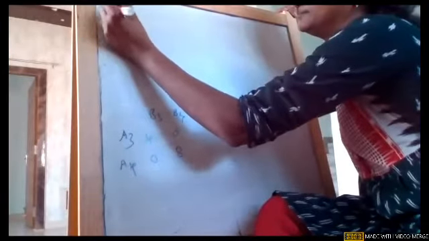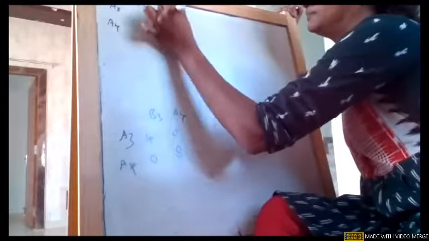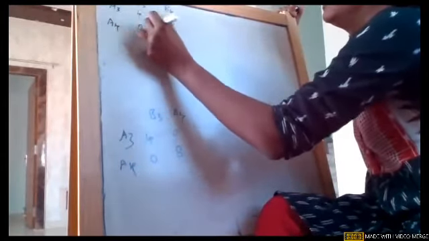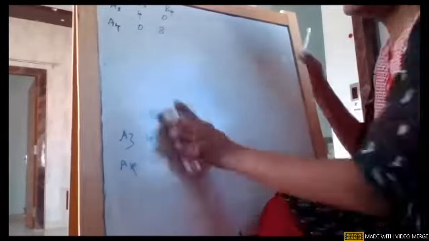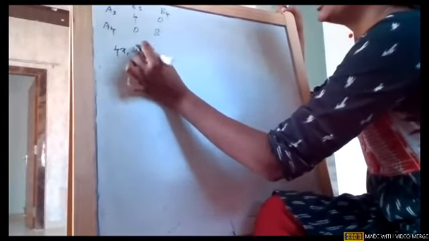I'll just write it here. Okay, so now convert this 2 by 2 matrix into equations. 4x1 plus 0, no?